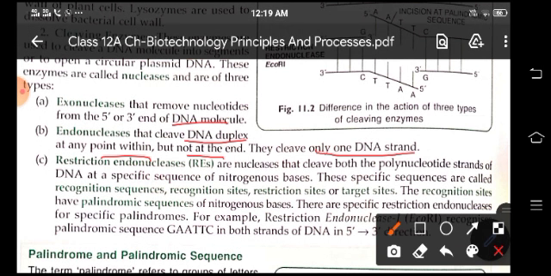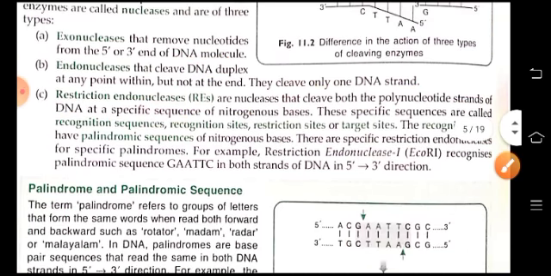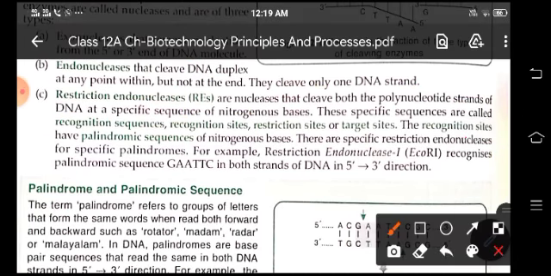Restriction endonucleases are the nucleases that cleave both the polynucleotide strands of DNA at a specific sequence of nitrogenous bases. Now these specific sequences are called recognition sequences, recognition sites, restriction sites, or target sites.